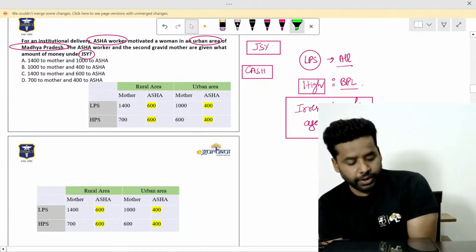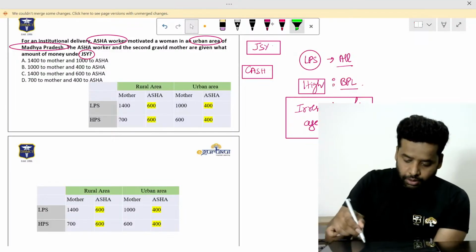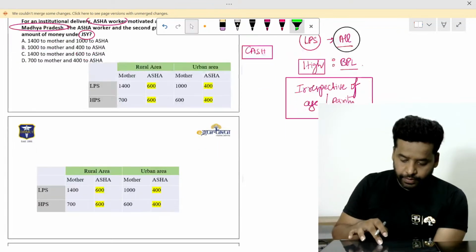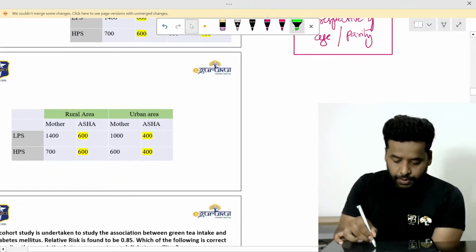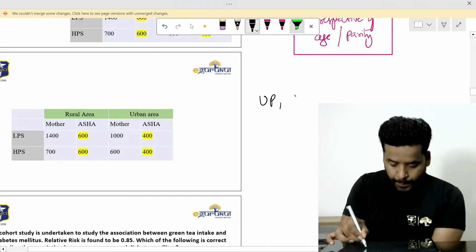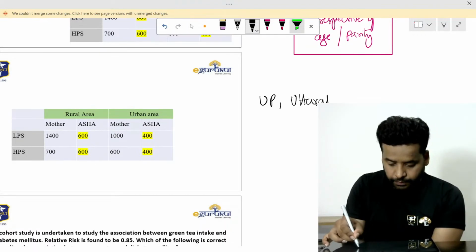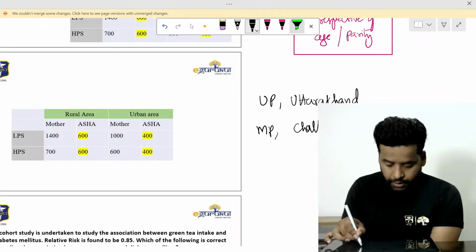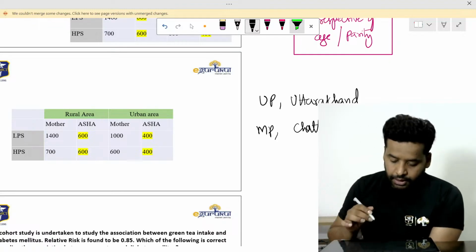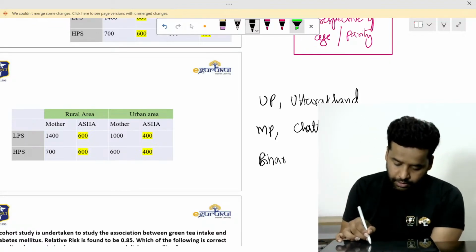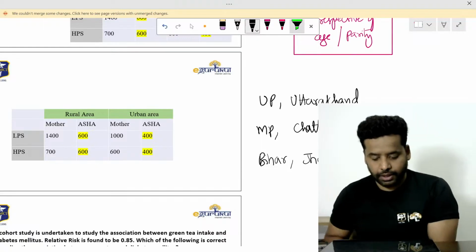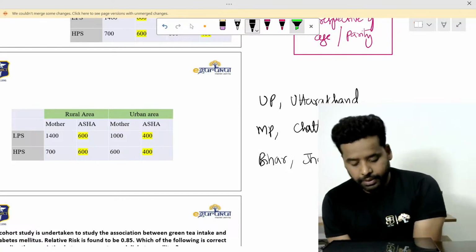So what are the low performing states? Tell me the important low performing states you know. You can remember like this very easily: UP, Uttarakhand, MP, Chhattisgarh, Bihar, Jharkhand, which were earlier together, now different states.